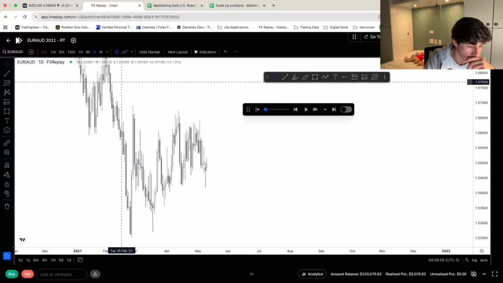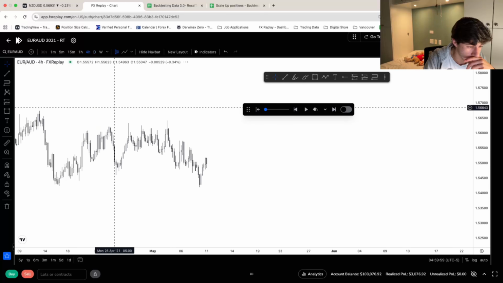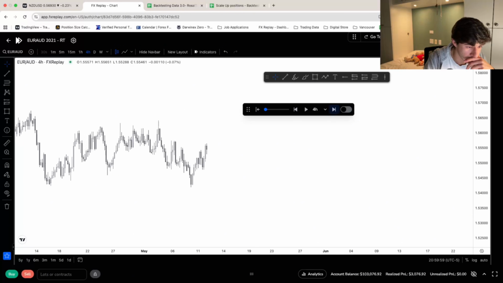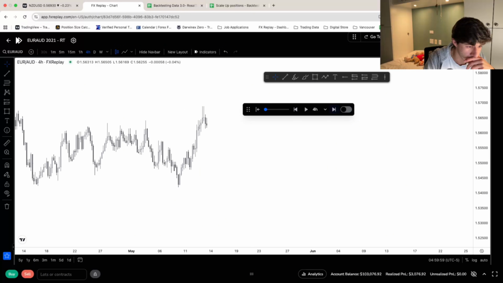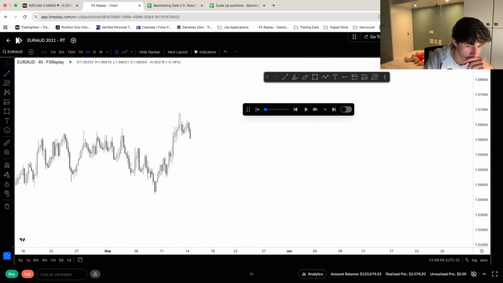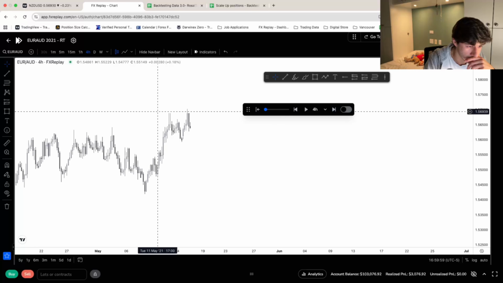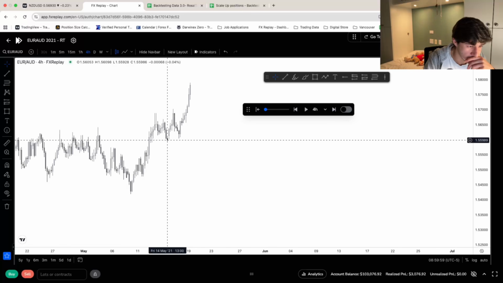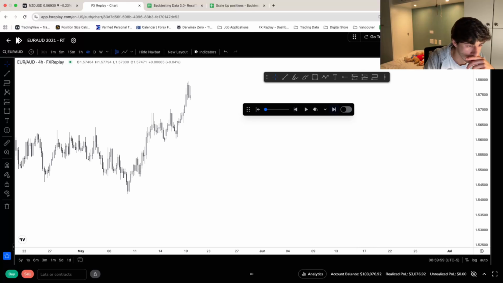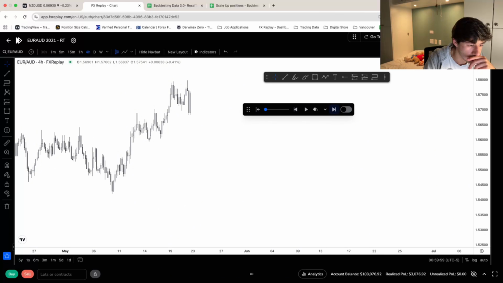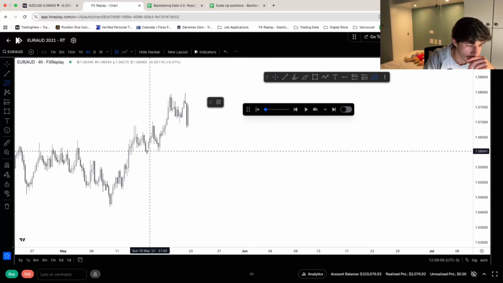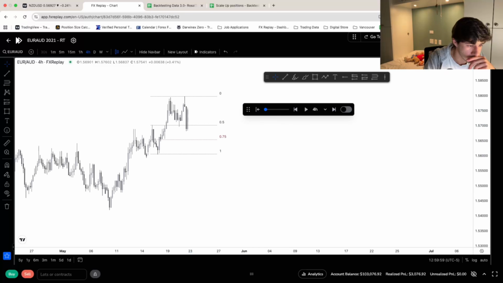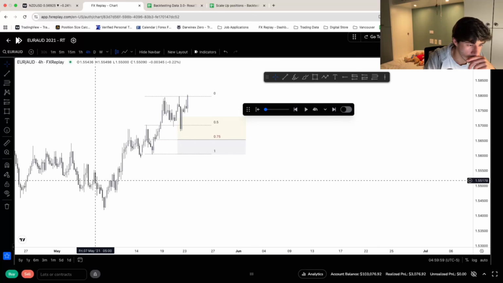Look at this. Didn't take this long. There was no break of structure with body closure, so. Yeah, that was a miss.